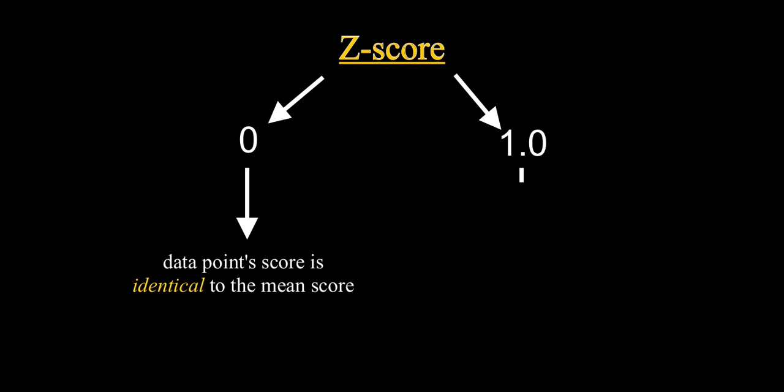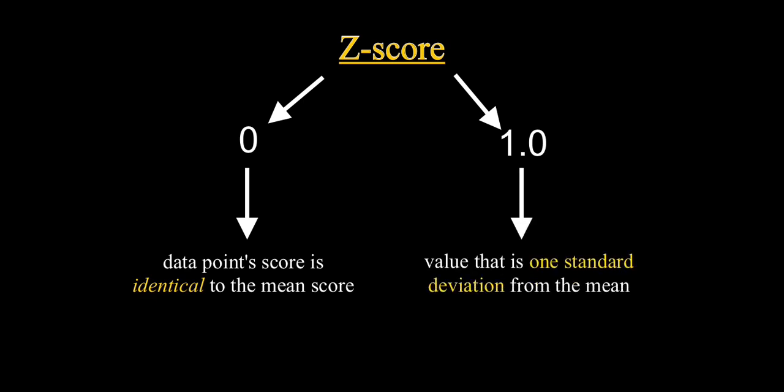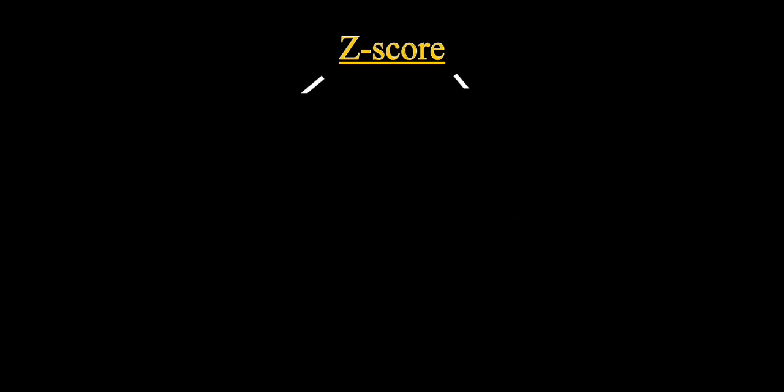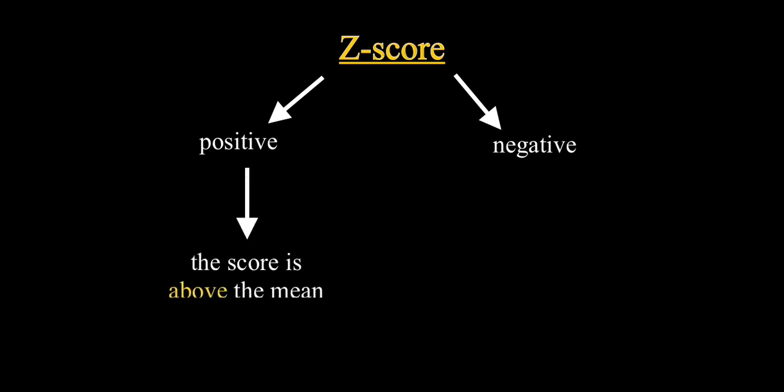A z-score of 1 would indicate a value that is one standard deviation from the mean. Z-scores may be positive or negative, with a positive value indicating the score is above the mean and a negative score indicating it is below the mean.